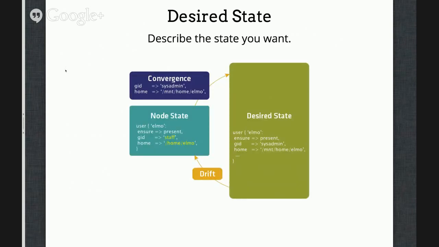So as I sort of hinted at, Puppet is a state management tool. So we define in programmatic terms what you want your end state to look like, and it's Puppet's job to enforce that. So we can see over the right-hand side here, we've got the desired state that we have described in some Puppet code.